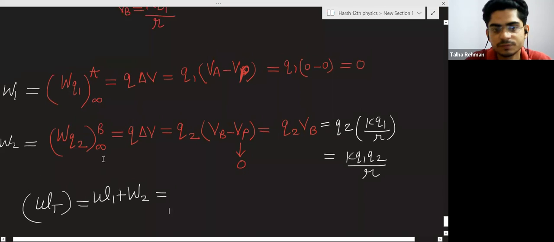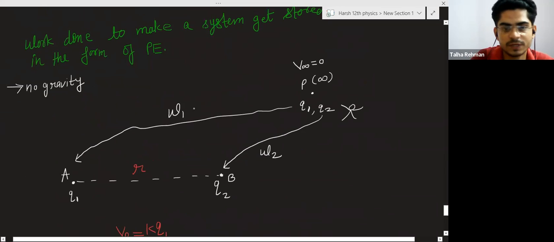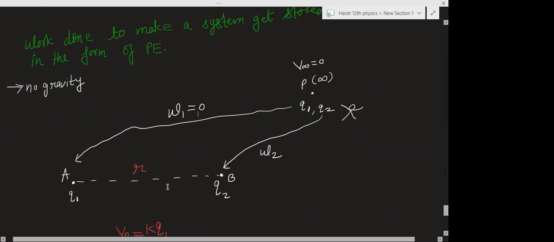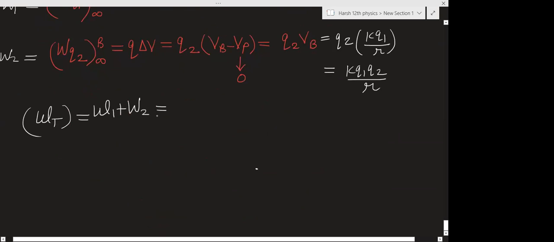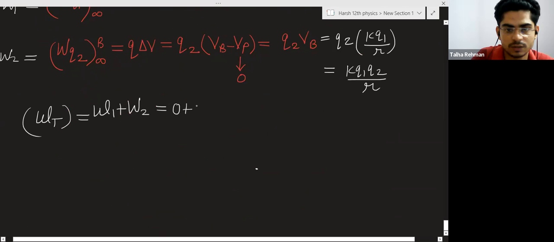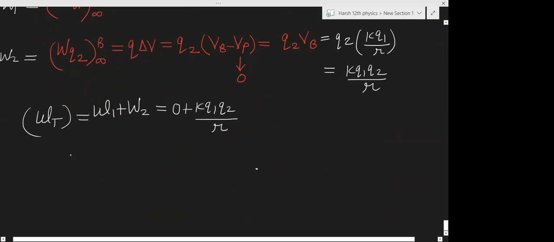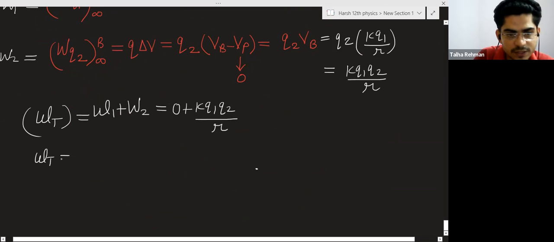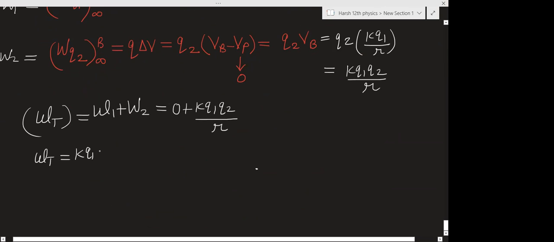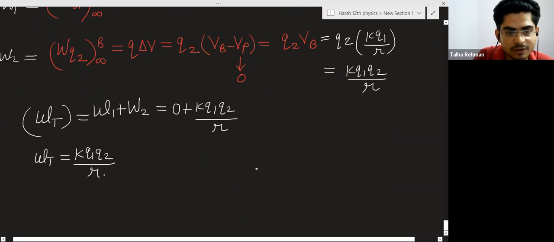W1 is equal to 0, plus Q2 K Q1 by R. So the total work done is equal to K Q1 Q2 by R. I have told you now, for making a system we have to do the work, and that work will be stored as potential energy.